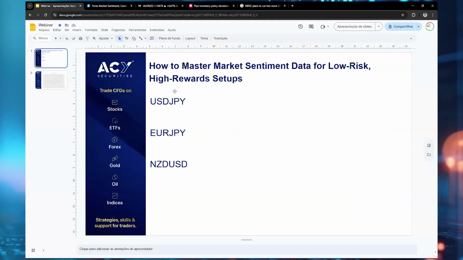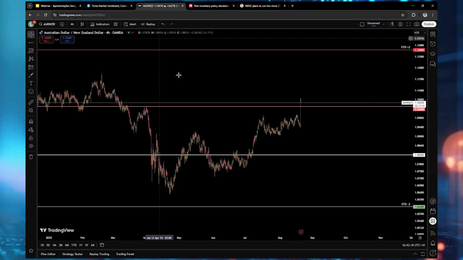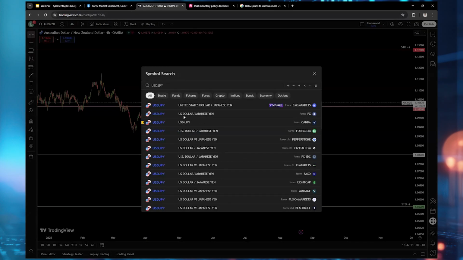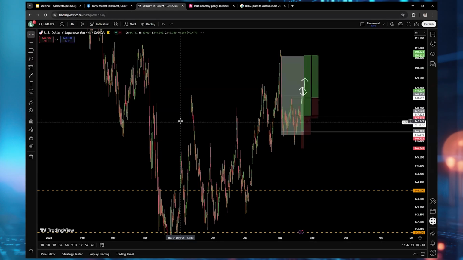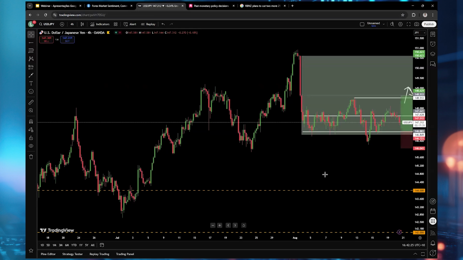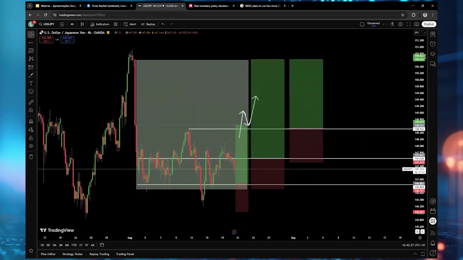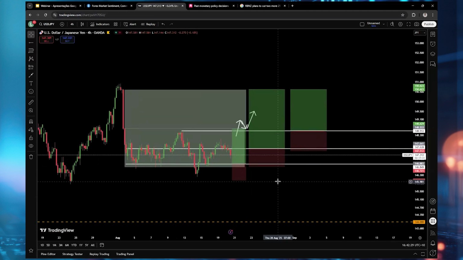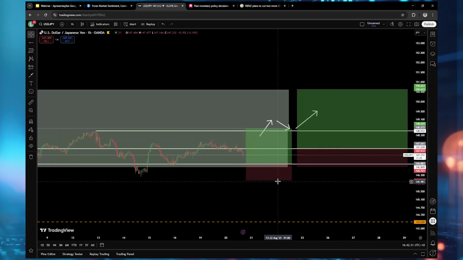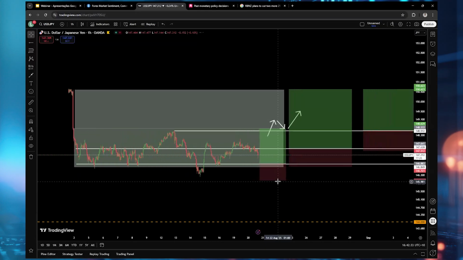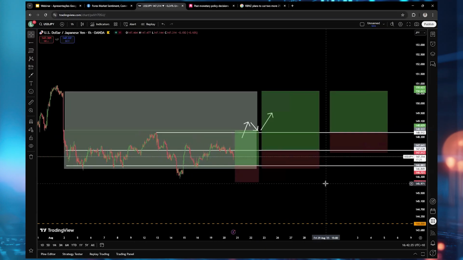Now, let's get back and review a bit of those trades for the US dollar Japanese yen, euro yen, and then the New Zealand dollar. So the US dollar Japanese yen. What I'm expecting here is we are in a consolidation phase. So I would like to see the first entry at around 146,900.